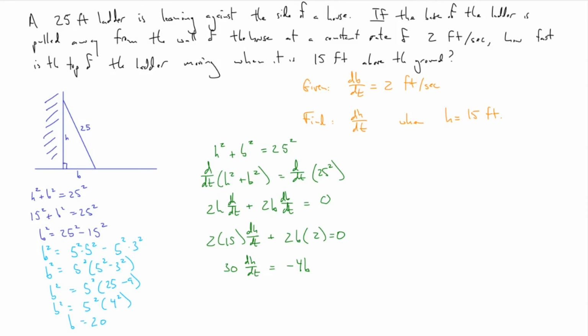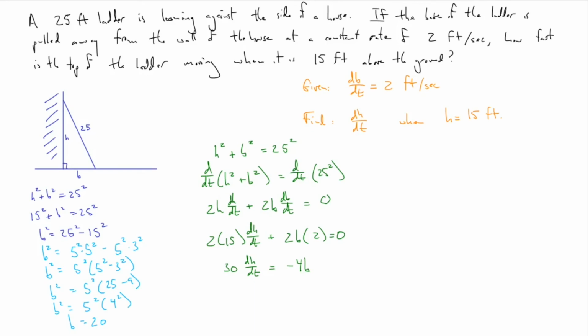If you look at it that way, you can pull the 5 squared out, and what you're left with is 5 squared times (5 squared minus 3 squared), which is 25 minus 9, which is 16, which is 4 squared. And so you end up with b squared is 5 squared times 4 squared, and b is equal to 20.